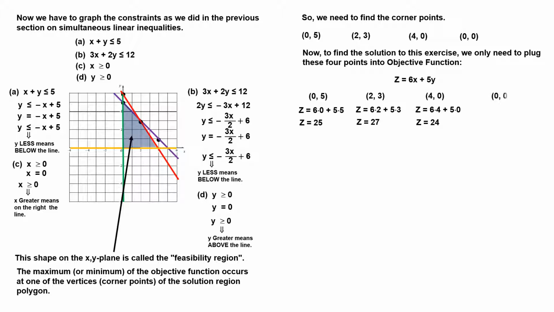X is 0, Y is 0. Then the maximum of Z is 27, and it occurs at this point.